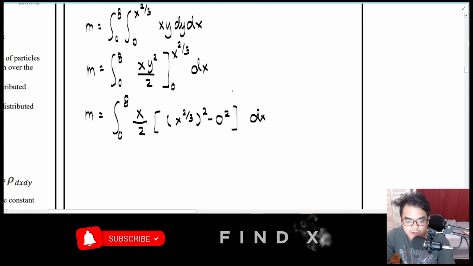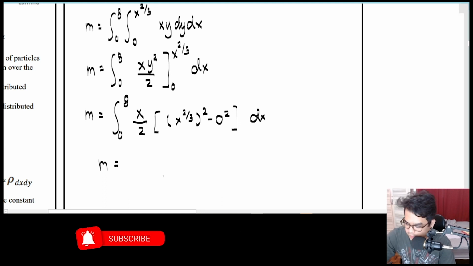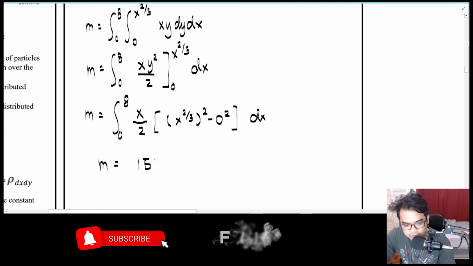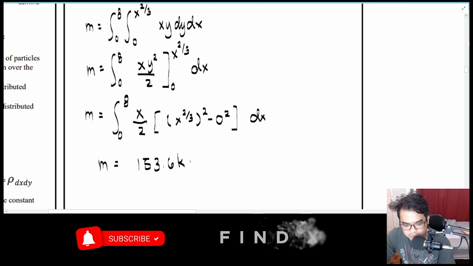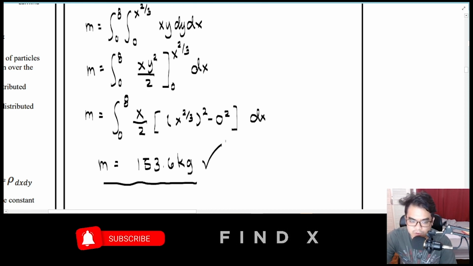Now if you enter this in your calculator, you'll get a value of 153.6 kilograms. So that will be your final answer.